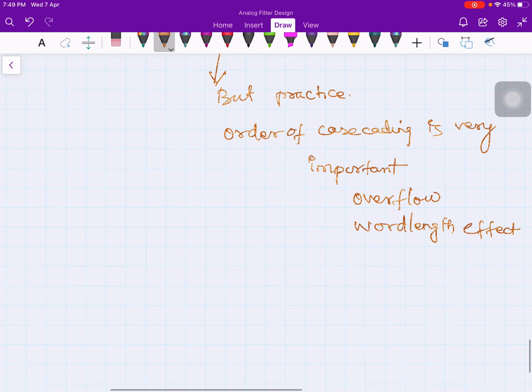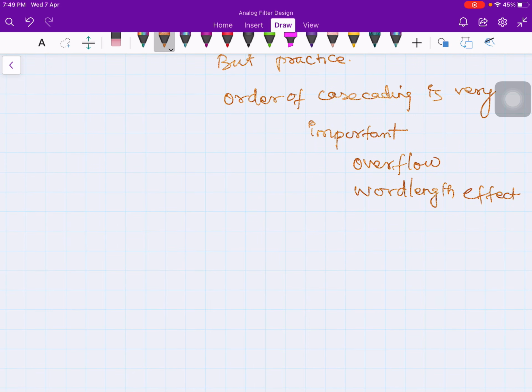If you want to implement it, then you must study the quantization behavior and the overflow behavior of the structure. One structure may give you better overflow and better word length effect. And normally what one does is put the section with the lowest gain first. Let's say H2 of z has the lowest gain.